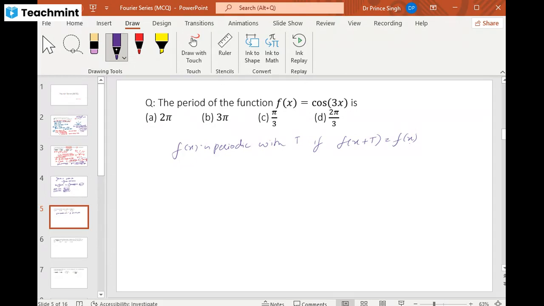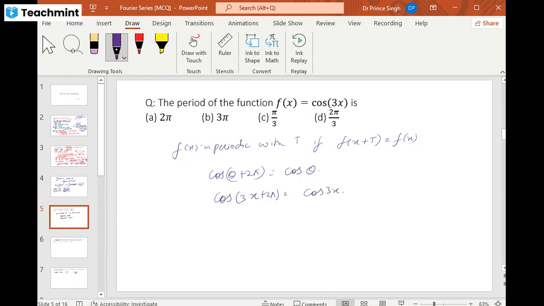So we know that cos of 2 pi plus theta is equal to cos theta, because the cosine function is periodic with period 2 pi. But we are interested to find out the period of cos 3x. So cos of 3x plus 2 pi is also equal to cos 3x.